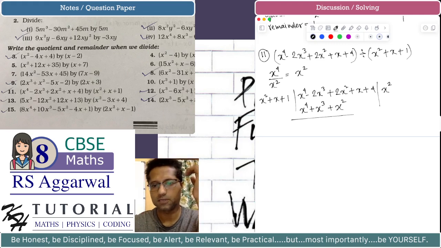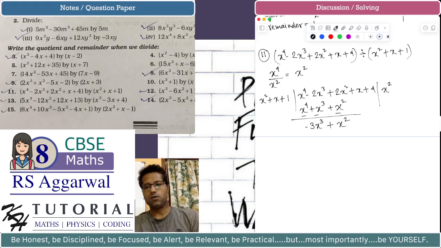If you do the subtraction, x to the power 4 minus x to the power 4 cancels out, minus 2x cube and minus x cube become minus 3x cube, 2x square minus x square becomes plus x square. Okay. Now we see that the remainder is minus 3x cube plus x square.